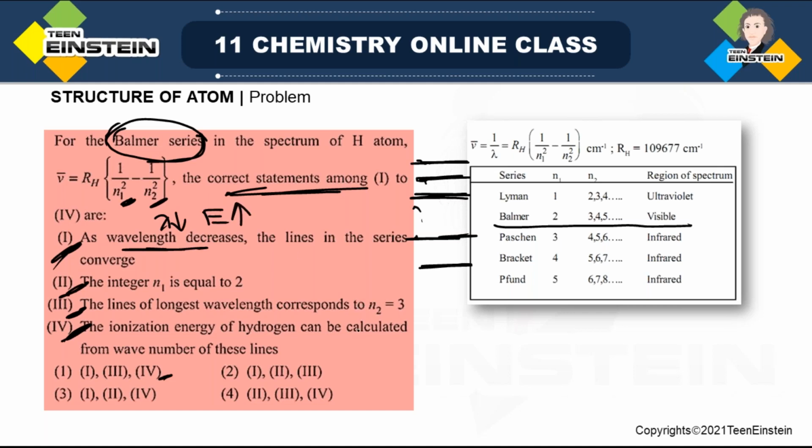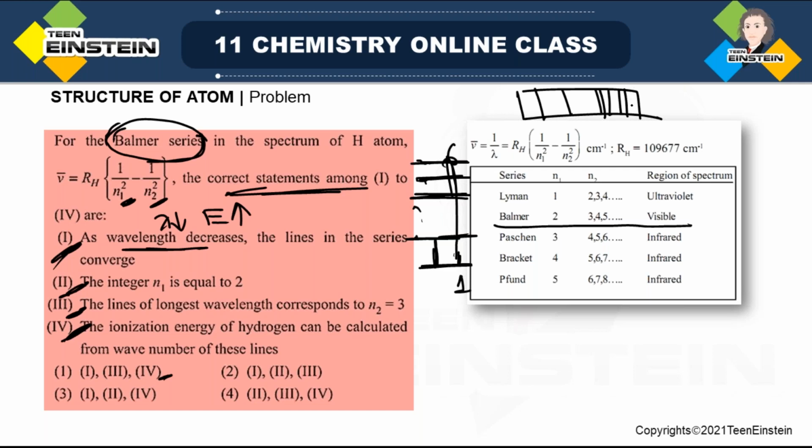So if you consider the first transition, that is 2 to 1, and if you consider the other transitions, suppose it is 6 to 1. Now if you look at the spectrum, gradually you will see the lines are getting closer and closer. That means it is converging.